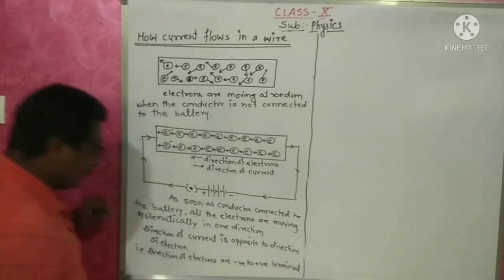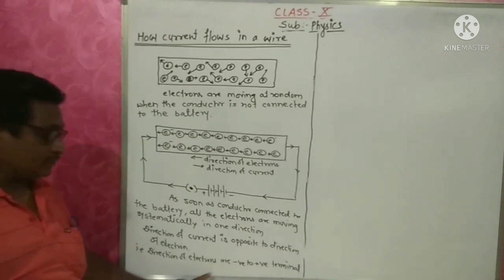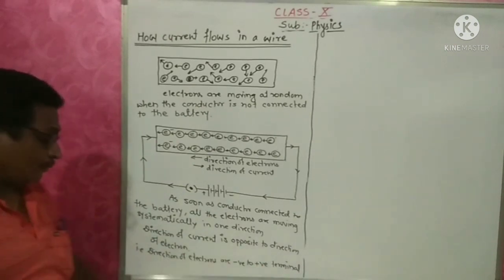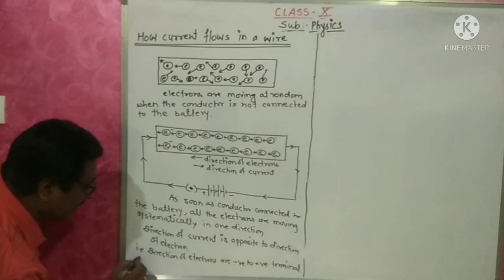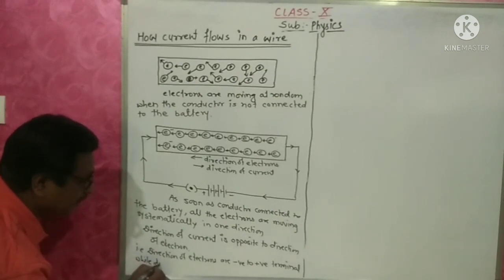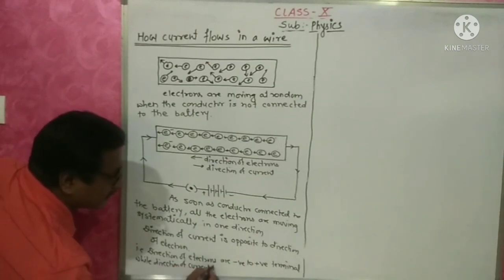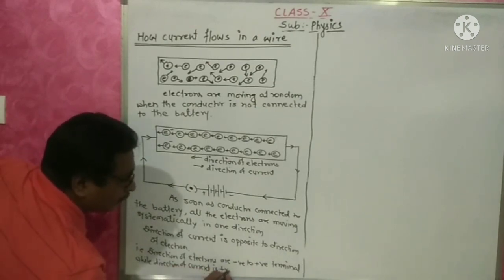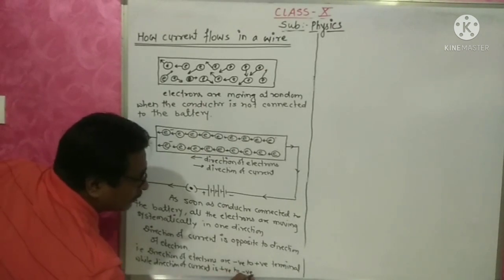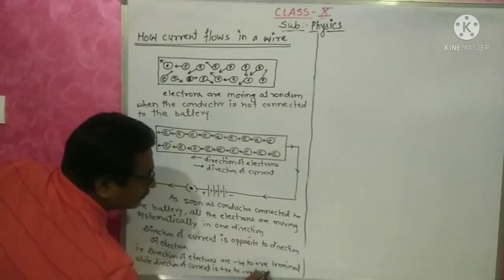What is the direction of electrons? The direction of electrons is negative to positive terminal, while the direction of current is positive to negative terminal.